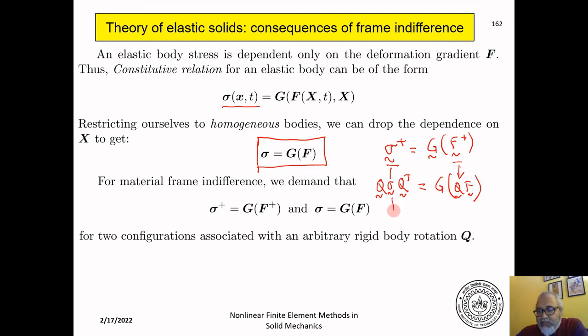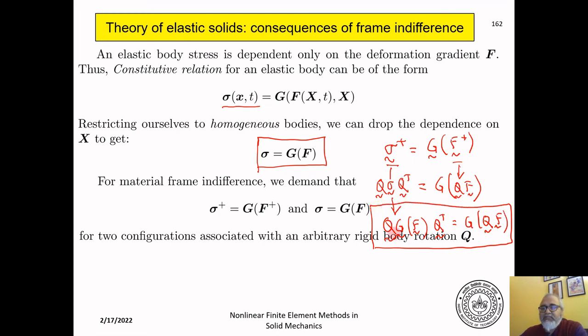And then this sigma is G of F. So this is what the observer in O has measured. So Q times G of F Q transpose has to be equal to G of QF. So this is the condition that this constitutive function G has to satisfy in order for this and this to be true.